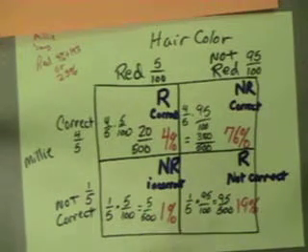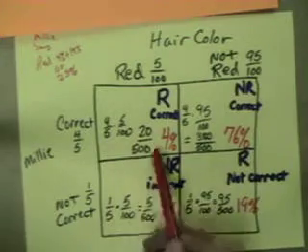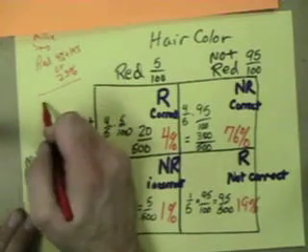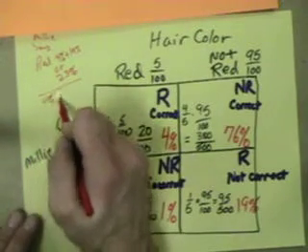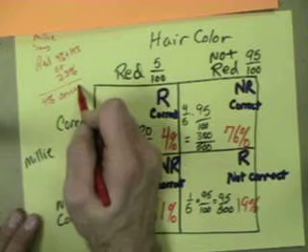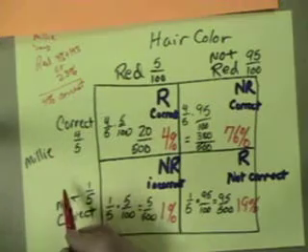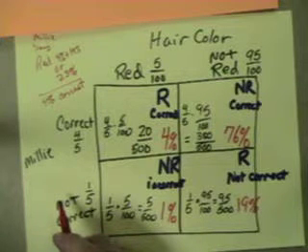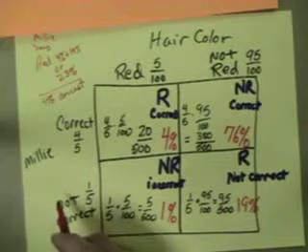Now, next question. If you perform this experiment with 100 students, how many times would you expect Millie to say the students had red hair and be correct about it? Well, the only time she's going to say red and be correct is this 4%. Next: if you perform this experiment with 100 students, what percentage of the students Millie said had red hair would actually have red hair?